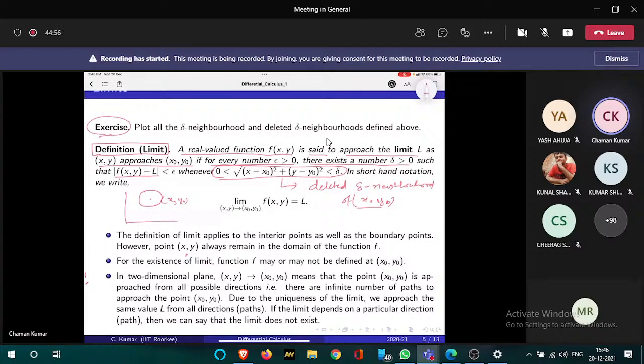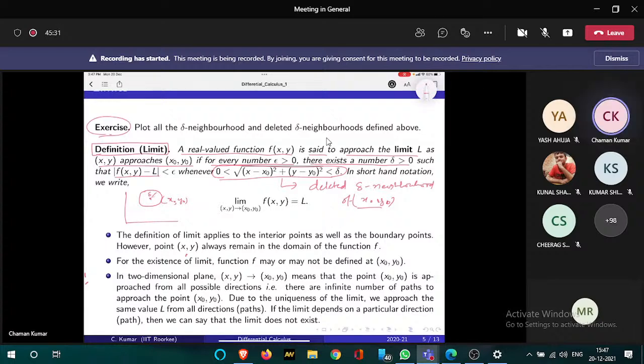The same thing will happen here as well. When we calculate the limit, we do not bother whether the value of the function is defined at the point x0, y0. So instead of working with the delta neighborhood, we can work with the deleted delta neighborhood, where we exclude the point x0, y0. So this is the deleted neighborhood. Deleted neighborhood means the center is not part of the neighborhood, and you say that this is the length delta.